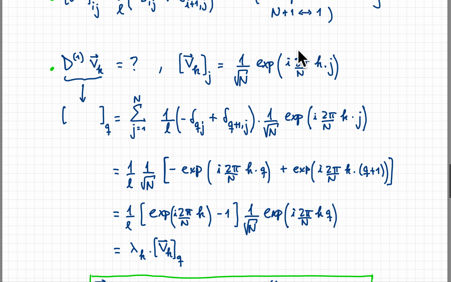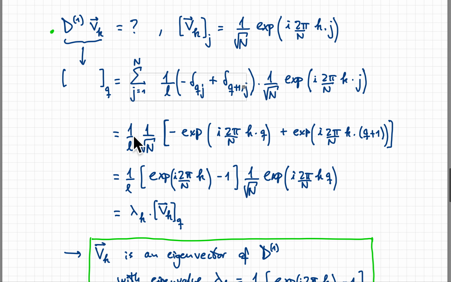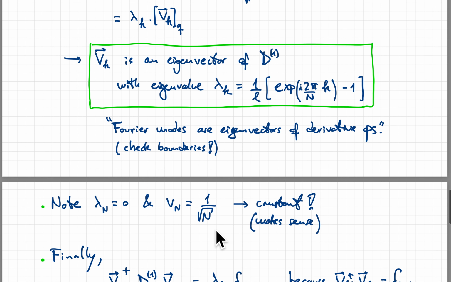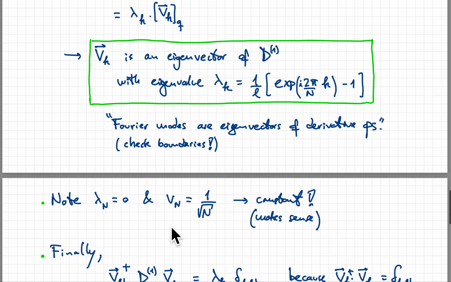So the exponential of e to the i 2 pi times any integer, now that the n has been cancelled by k being equal to n, is going to give you a 1, and so you are left with 1 over square root of n, which is just a constant, which again is consistent with what we said before, that our matrix applied to a constant vector is going to give us 0.